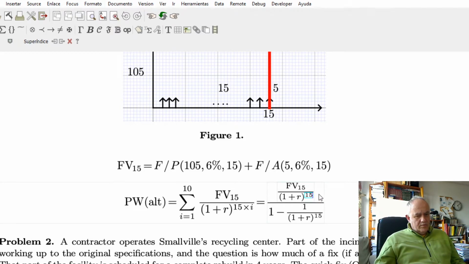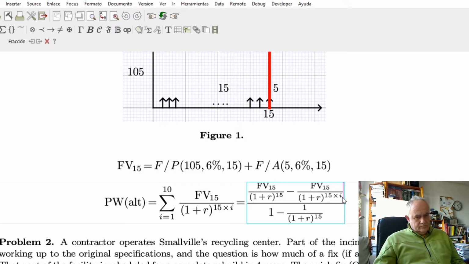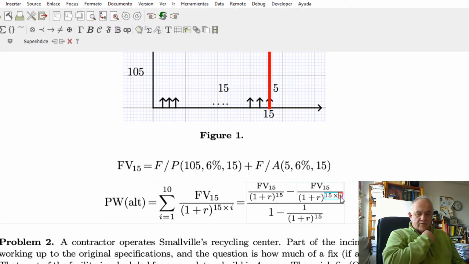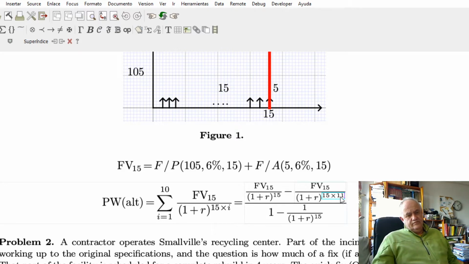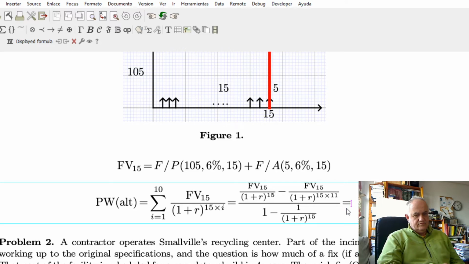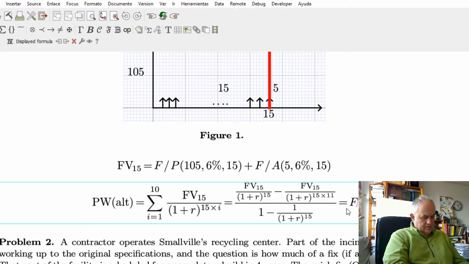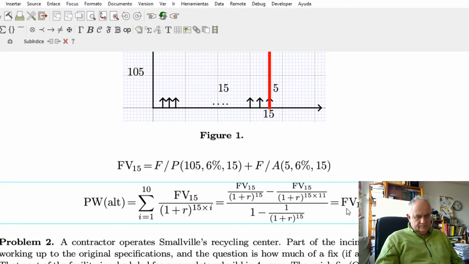The last one will be the final value for 10, which is now transformed into 11, so 15 after 15 periods, and then we'll have f 15 times this expression, okay.